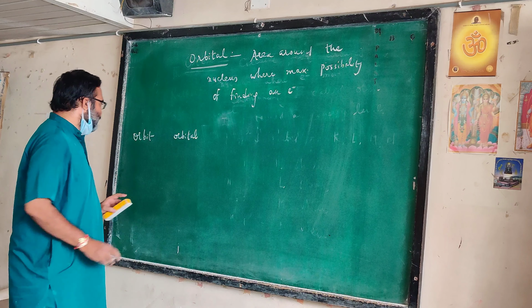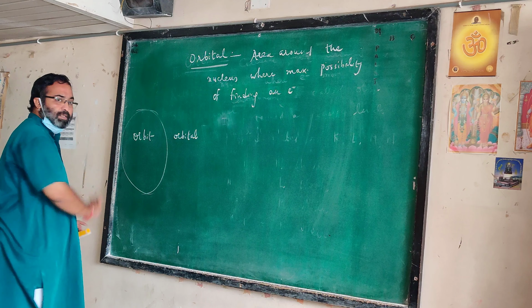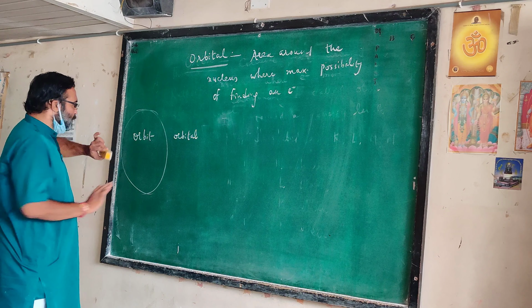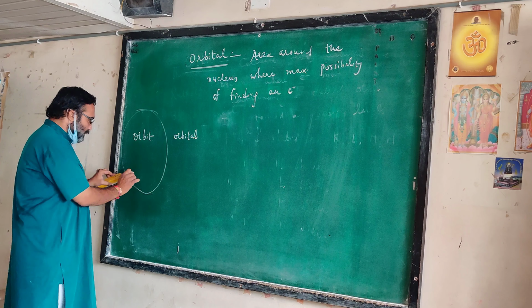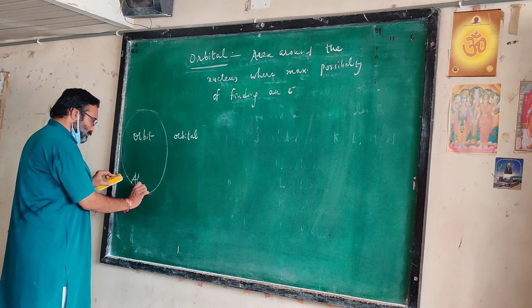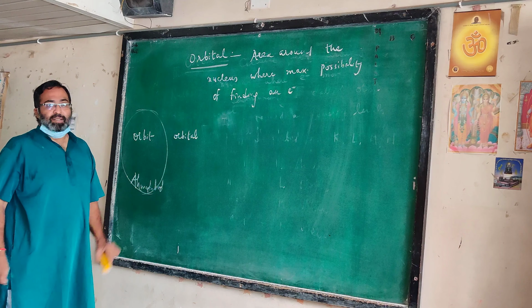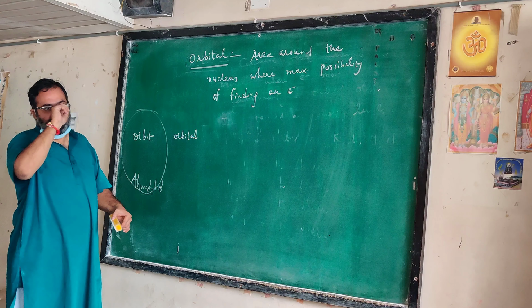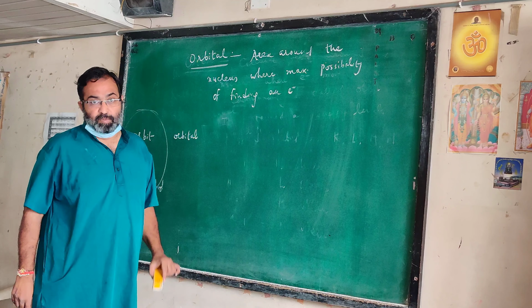Just like that, the electron is present on a circular path somewhere around the nucleus. So that whole area, the complete area, is what? Orbit. It is like Ahmedabad. But there are possibilities of finding the electron somewhere around the nucleus with maximum probability.